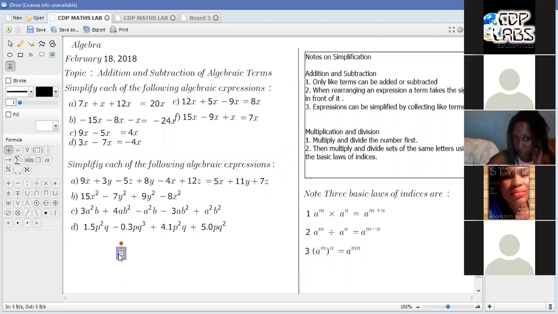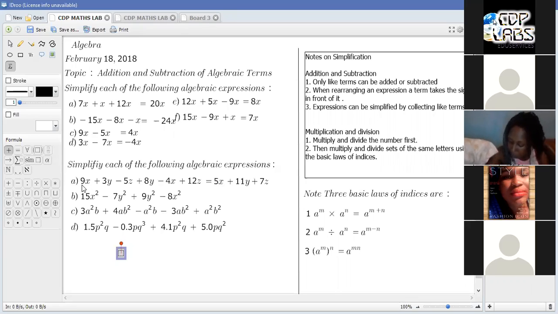How did she get the 5x? By following the rules. It's rule number one at the top over here. It says only like terms can be added or subtracted. You might be wondering, how do you know when the terms are alike and when they are not alike?